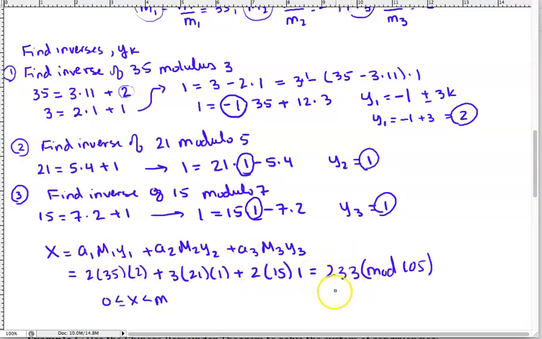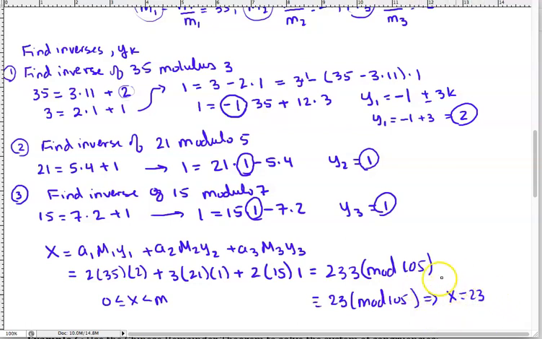So we find the remainder. Divide 233 by 105, we get 2. And the remainder: 233 minus 105 times 2 gives a remainder of 23. So this is congruent to 23 mod 105, which gives us x equals 23.